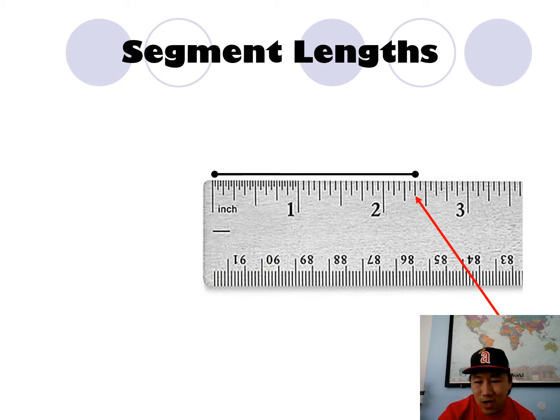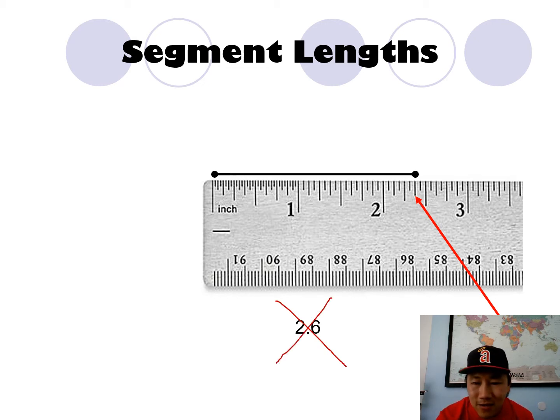And it looks like if you count really closely, you can count 1, 2, 3, 4, 5, 6. So it looks like it would be 2.6, which makes a lot of sense, but that is not the answer.